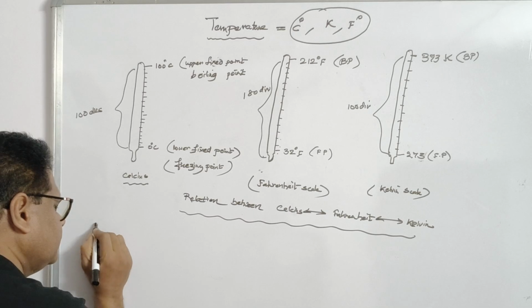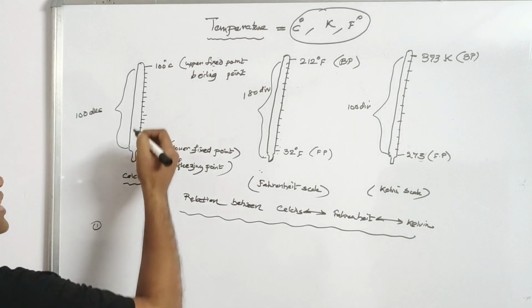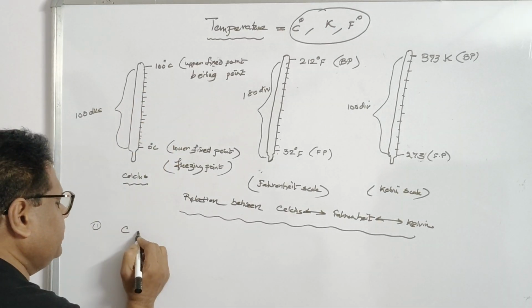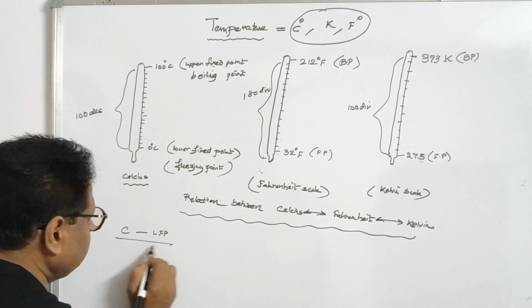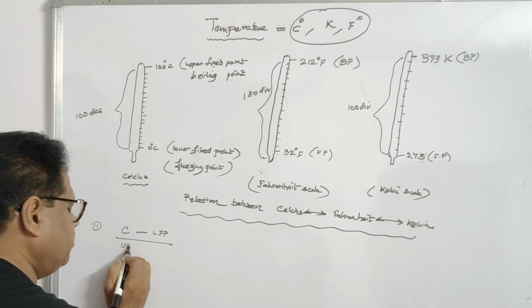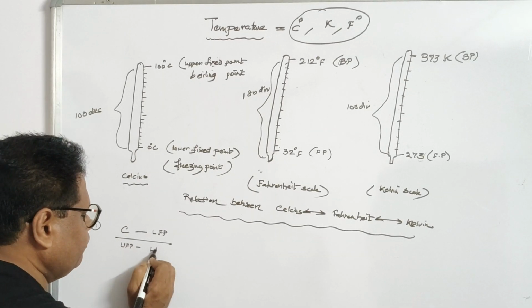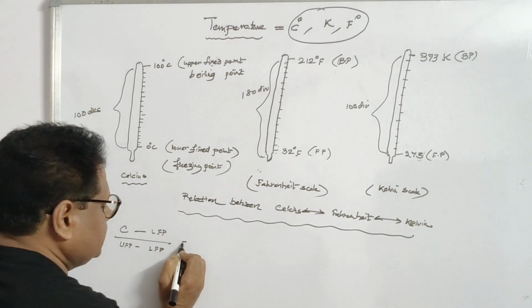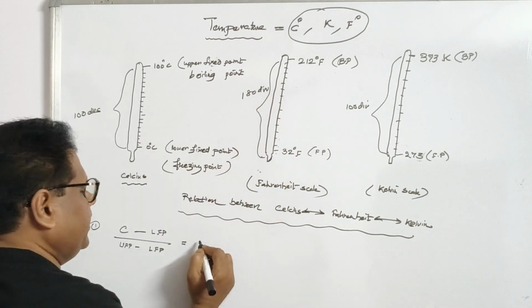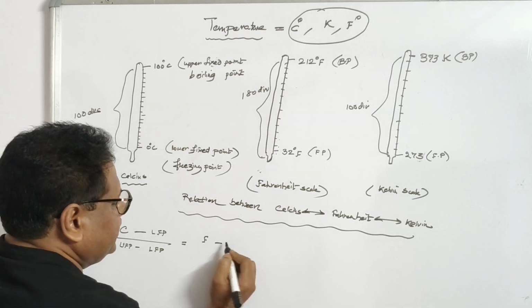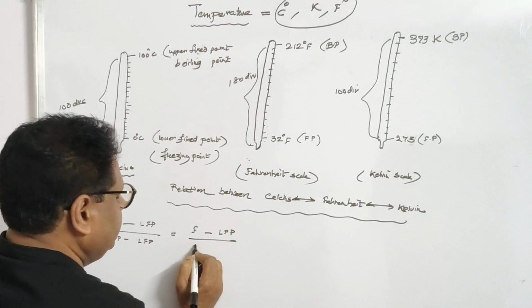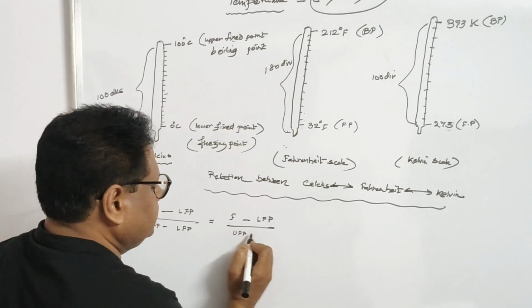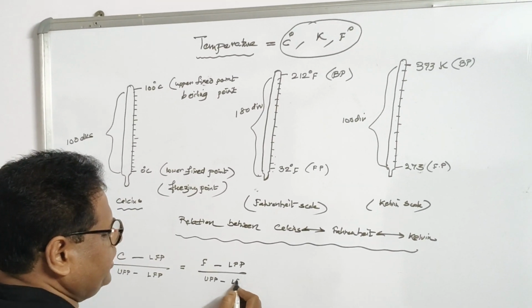So the conversion is as follows: a temperature in Celsius minus lower fixed point divided by upper fixed point minus lower fixed point is equal to a temperature in Fahrenheit minus lower fixed point by upper fixed point minus lower fixed point.